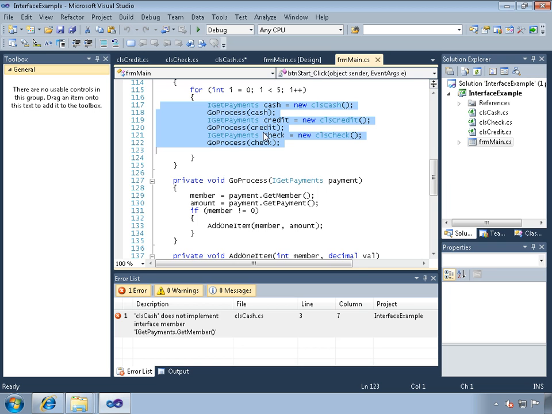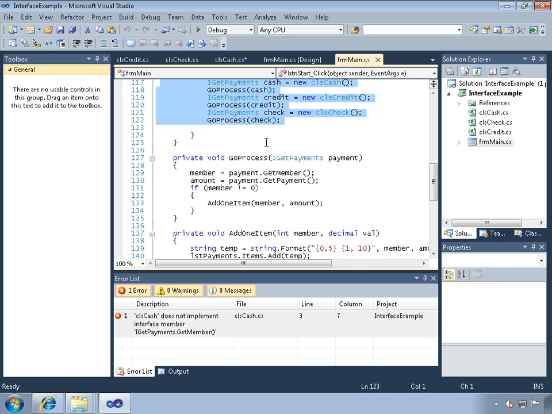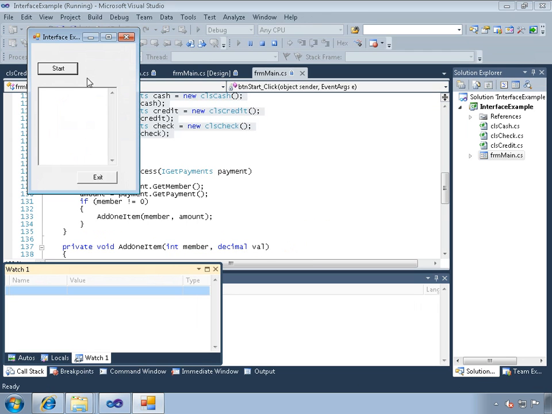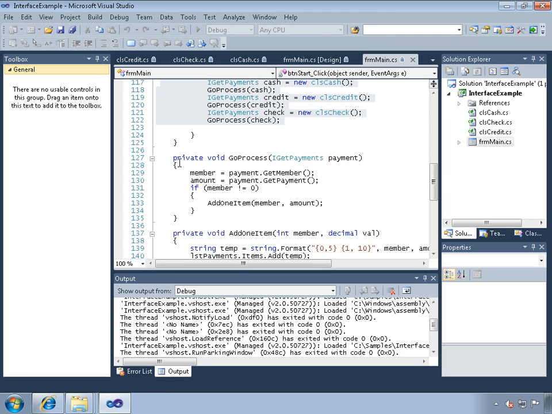So when I run this program, and I've kind of just dummied it, I have, okay, start, and I just show the member and how much they paid, and another one for cash, another one for credit, and then I just repeat it. Obviously, it's not going to change because the data is hardwired in the classes.